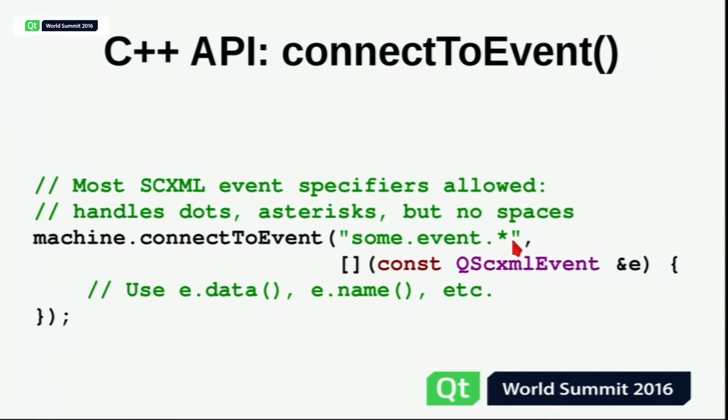And whenever you receive sum.event.blah or sum.event.blob or whatever, this event handler would be called. And then you can use the data or the name or anything connected to this event.